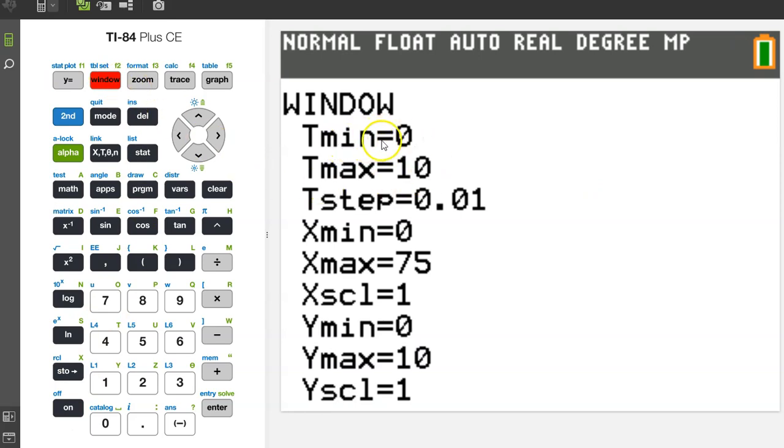Let t min be 0 because we're starting at time 0, and t max 10 is usually a good number. T-step controls the speed of the animation in this case, and the smoothness of the graph. Let's use 0.01. Let x min be 0 and x max be 75, and let y min be 0 and y max be 10.